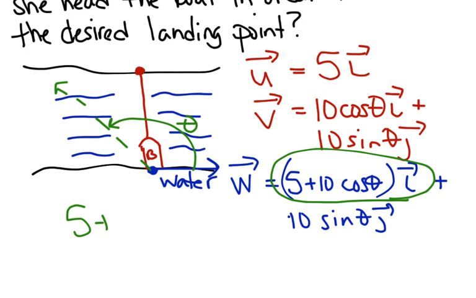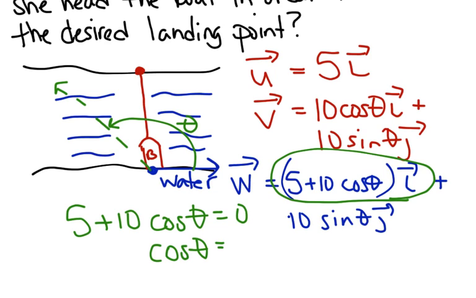So we set that component equal to 0 and solve for theta. You subtract 5, you divide by 10, so you get cosine theta is equal to -1/2. When you put this in the calculator, remember you need to be in degree mode in this chapter. We're going to find out that it's 120 degrees.